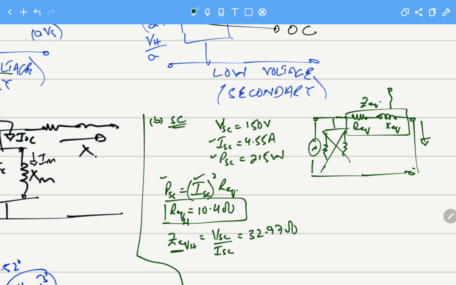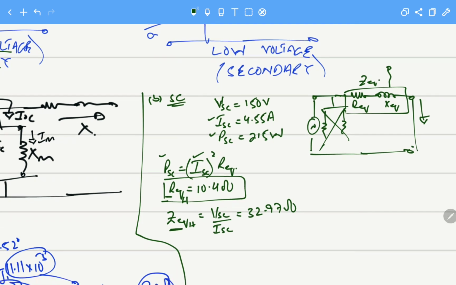And now we have Z equivalent, we have R equivalent, we can calculate, because we know Z is R plus jX, so X will be the square root of Z equivalent square minus R equivalent square. If I put the values, we will get the value of X equal to 31.3 ohms, again reflected to high voltage side.